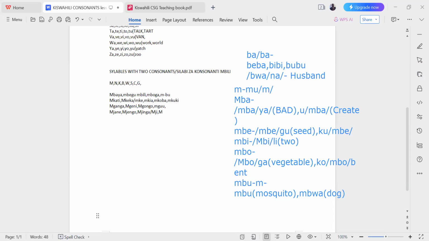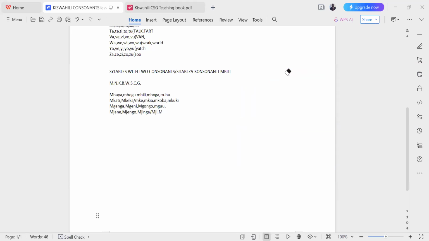You're supposed to be reading down here on the Mbaya, but I'll try not to separate it that much so that it becomes easy for you to read as you move along. Is that okay? I want to pick an easier one for us to read without hesitation, so I'll pick the letter C.